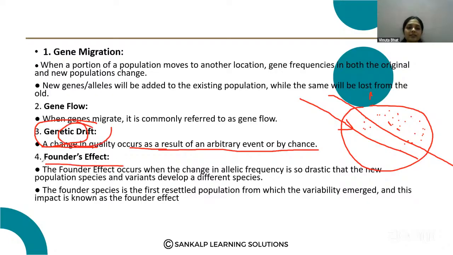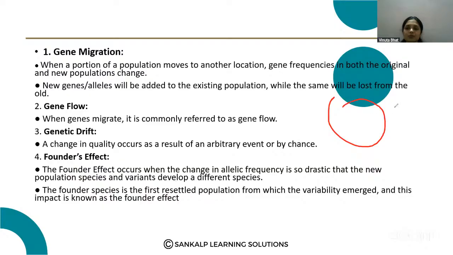And the founder effect. So what is this founder effect? The founder effect occurs when the change in the allelic frequency is drastic, so that a new population, species and variants develop into a different species. Here, some species move from one place to another place, and when they reach the other region, they develop into a new species in that region.